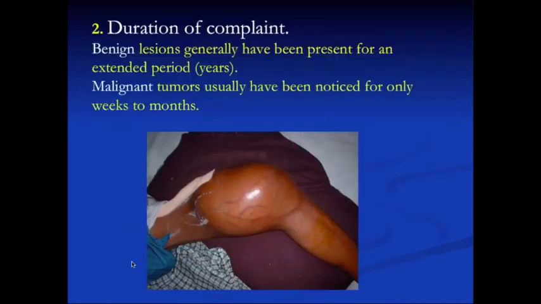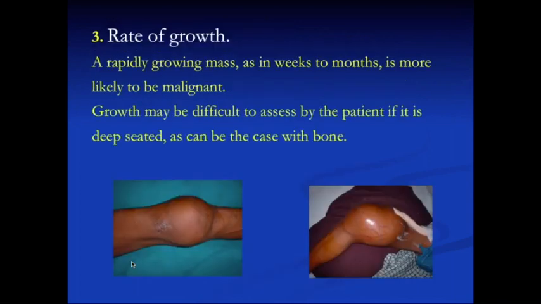The size might have increased insignificantly over the last 3 years or 4 years, but at the age of 30, there was sudden increase in the size of that mass, maybe pointing towards a malignant transformation. So the rate of growth, how fast the tumor has grown, gives you an idea about the biological behavior of the tumor, meaning how aggressive it could turn out to be.